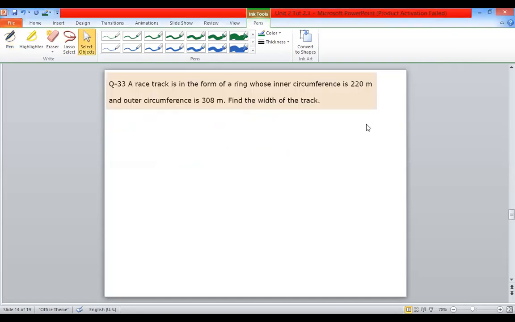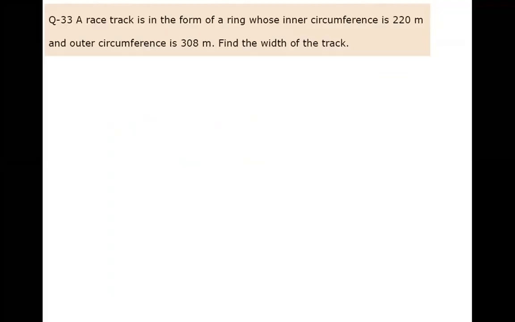Next one is, look here. A racetrack is in the form of a ring whose inner circumference is 220 meters and the outer circumference is 308 meters.